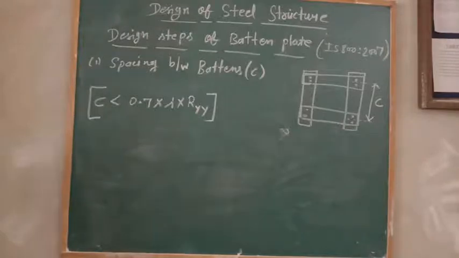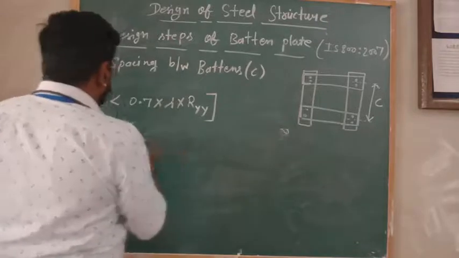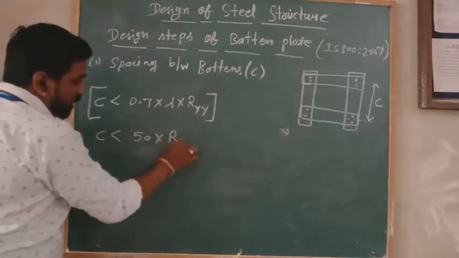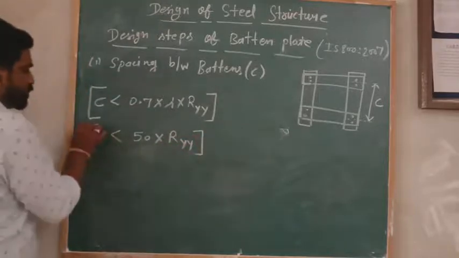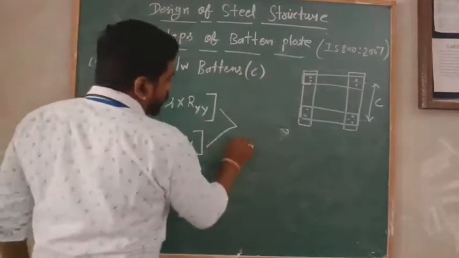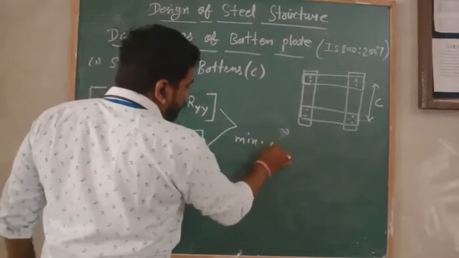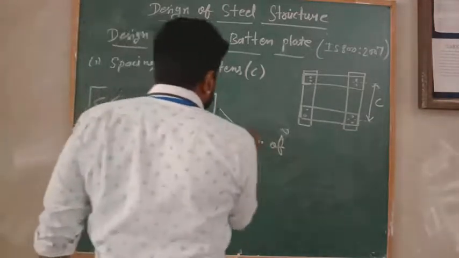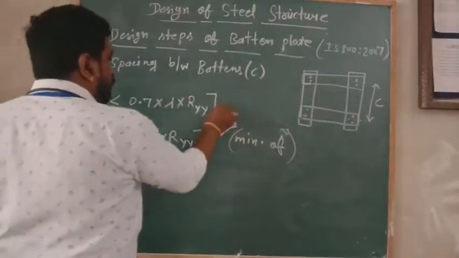The other condition is C is less than 50 into Ry, and we choose the minimum of both of these. The minimum of these two conditions is the spacing between battens.